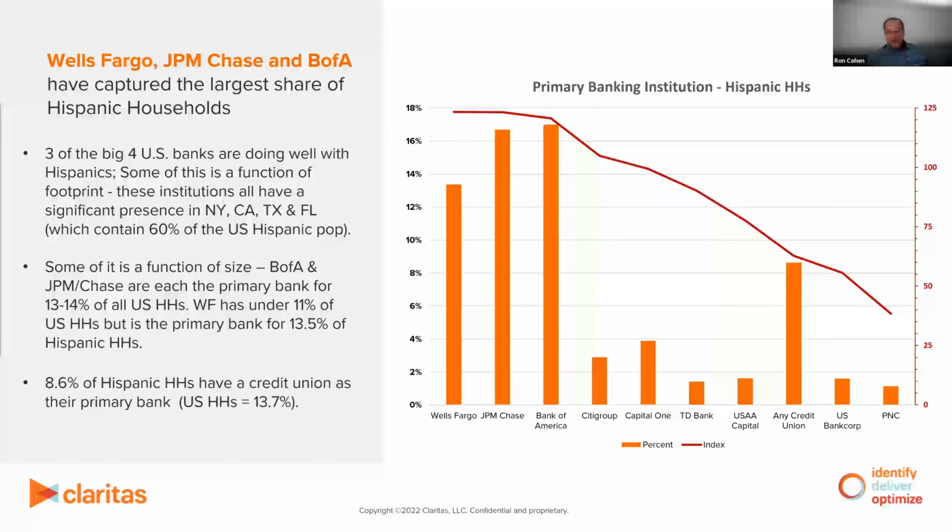They have less than 11% of US households as their primary bank, but 13.5% of Hispanic households. So that's why they're indexing way up here. They must be doing something right. I know they get a lot of bad press, but at the branch level, the marketing level, we're here to talk about marketing, customer service, they're doing something right.